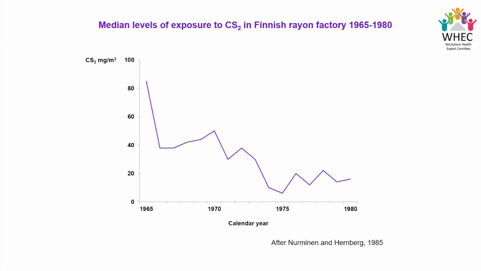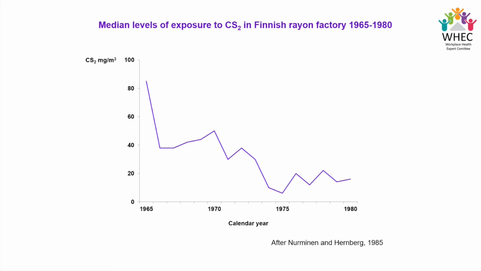So my second example is of the increased risk of coronary heart disease in those exposed to carbon disulfide. Carbon disulfide is a well-recognized toxin causing central nervous system disorders in high concentration, but in lower concentration was found in the 1960s to be associated with an increased risk in coronary heart disease and deaths from coronary heart disease.